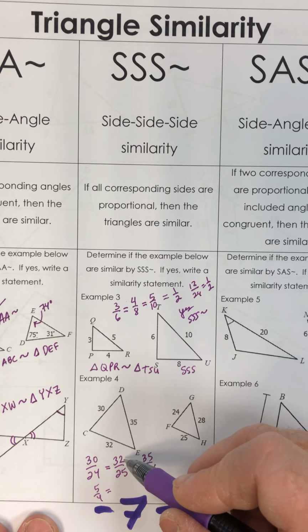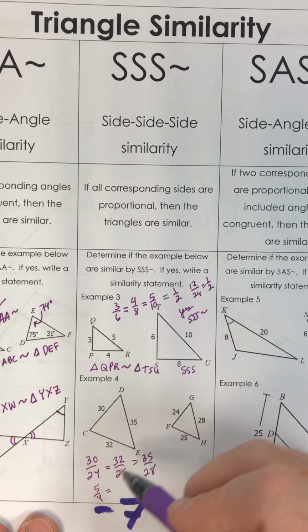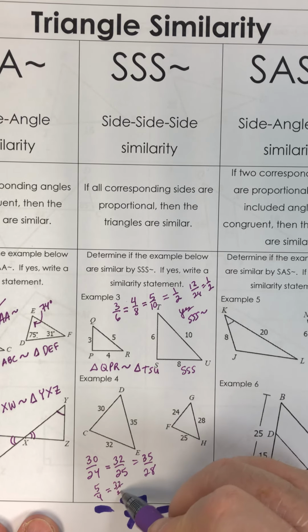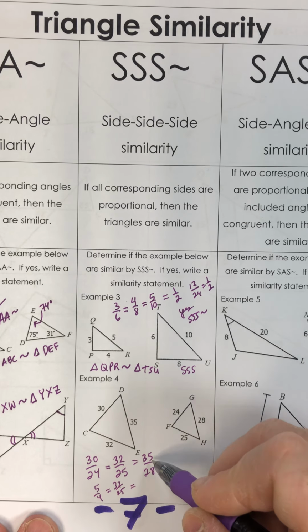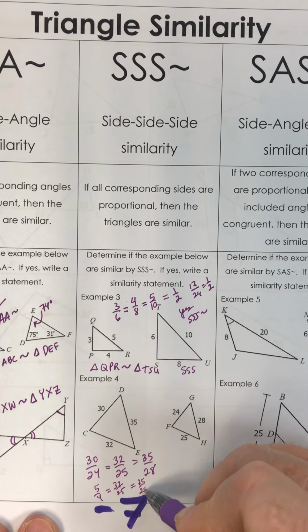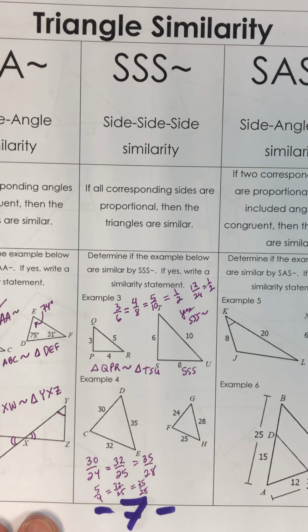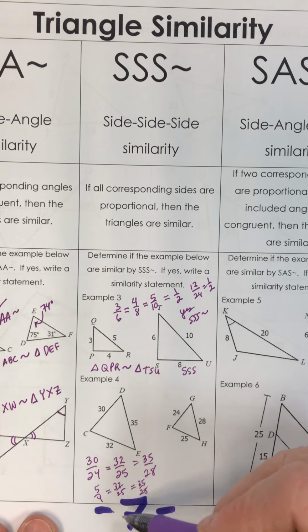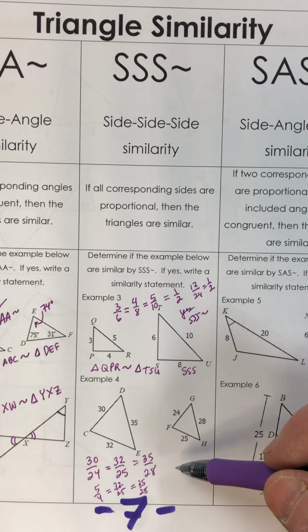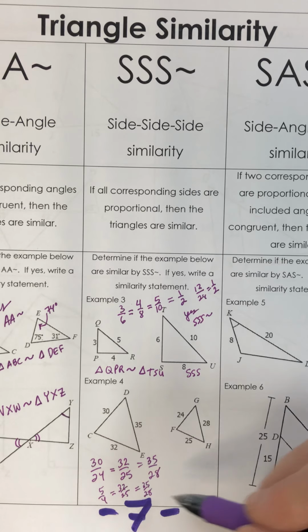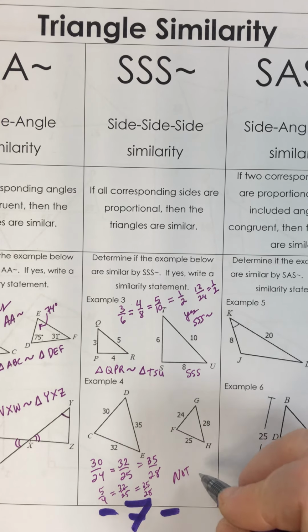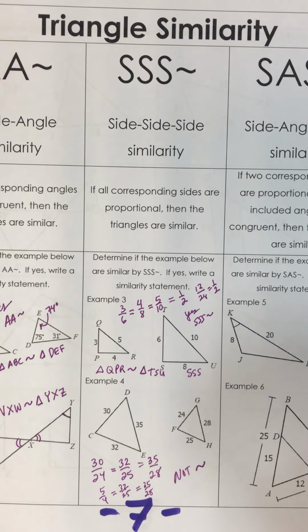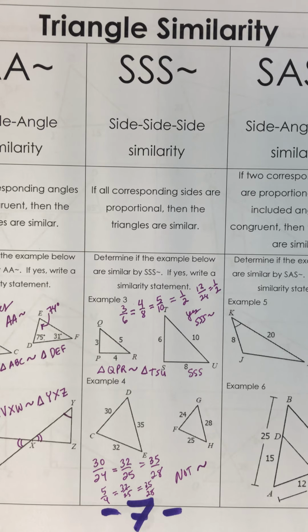And 32 over 25, and 35 over 28, I don't know that that reduces either, so you can divide all those if you want, and you'll realize that some of them divide and you get 1.25, and others get 1.28, but these are not similar. Those fractions do not all equal each other.